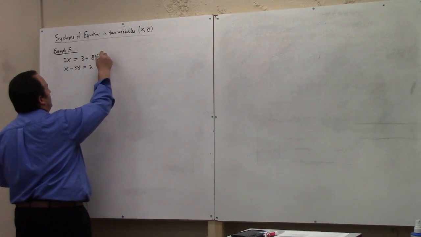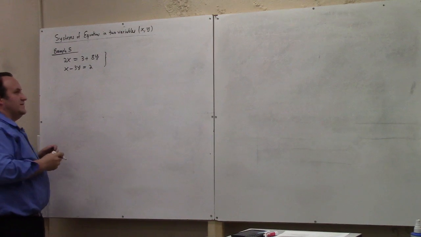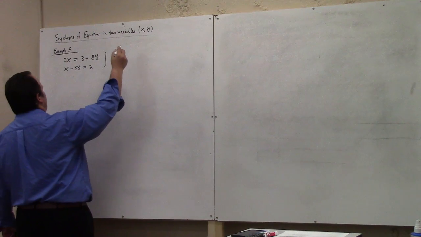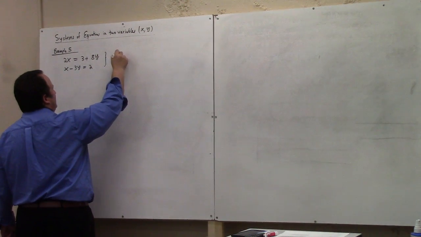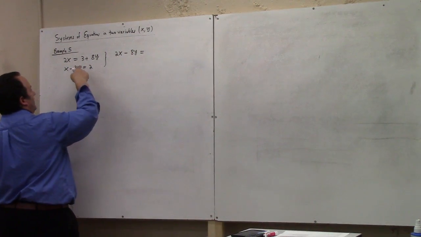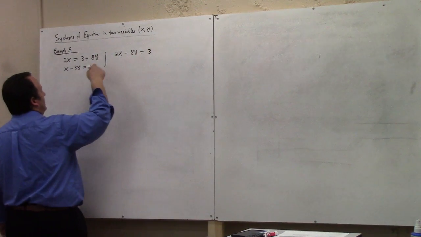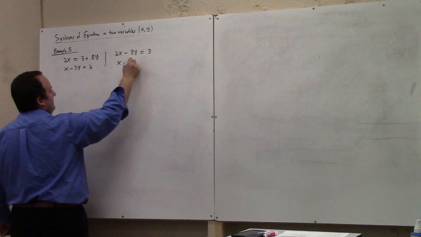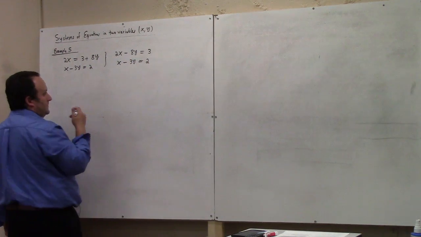Your book seems to promote putting everything equal to 0. You could do that. It is not how I have classically solved these problems, and I'm not convinced it's wise. 2x minus 8y equals 3, and x minus 3y equals 2.